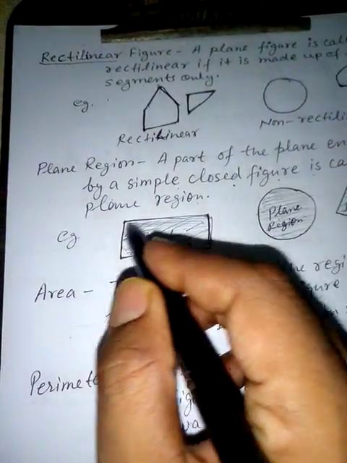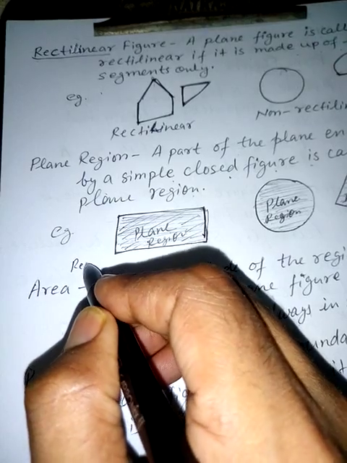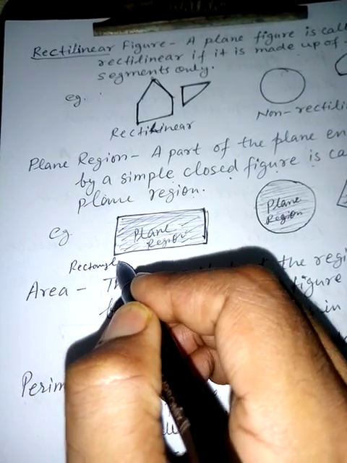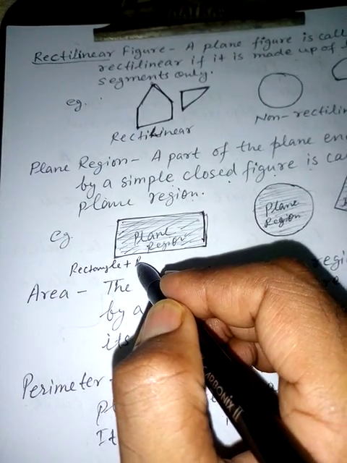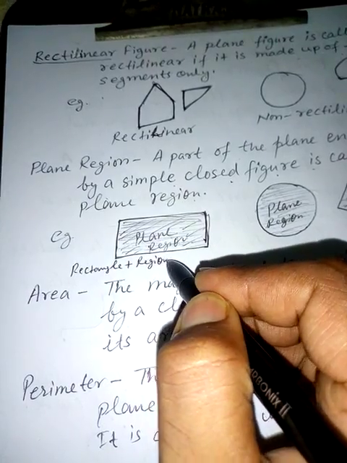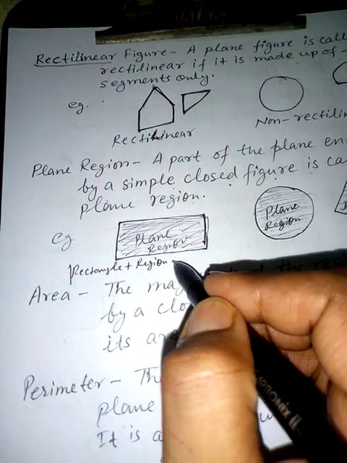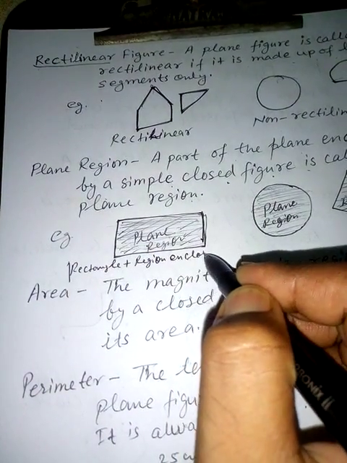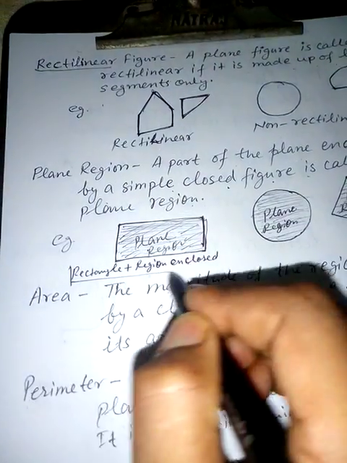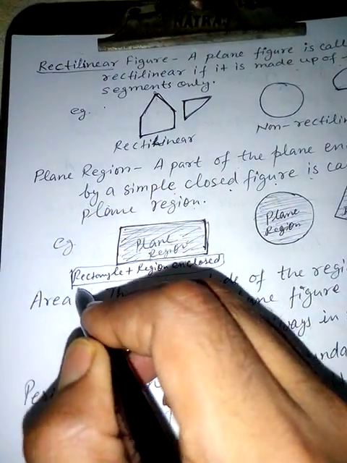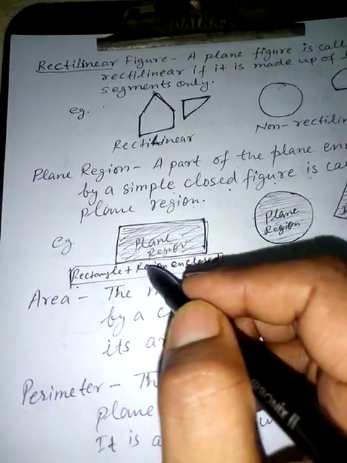In this figure, the rectangle plus the region enclosed together is called a plane region.